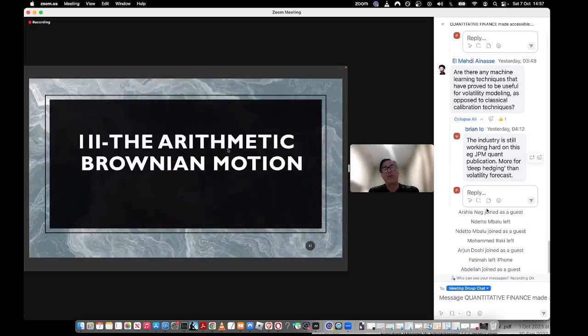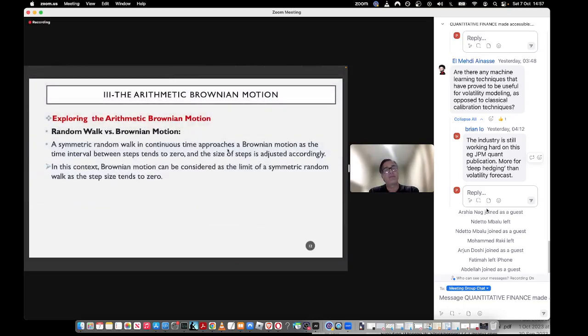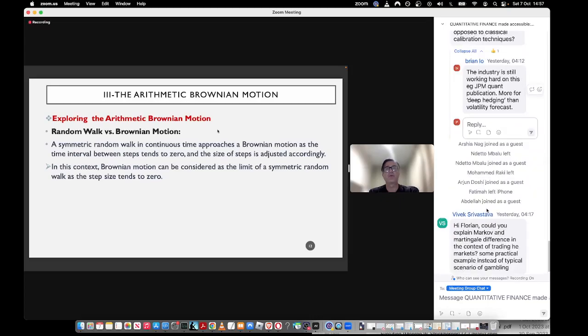So now we're going to go through the arithmetic Brownian motion with maybe different characteristics, but I think it was important to mention the random walk before going through arithmetic Brownian motion and geometric Brownian motion.